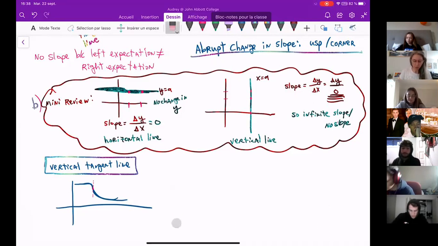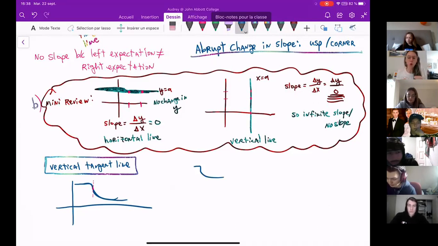A lot of times when you're looking at a function, vertical tangent lines are hard to see. It's like, boom, except it does it so fast, because we know that if it stays vertical for more than 1 point, it's no longer a function. So it really is vertical for just 1 point right there, which is why oftentimes you'll see a dotted line to show you that the tangent line there is vertical.